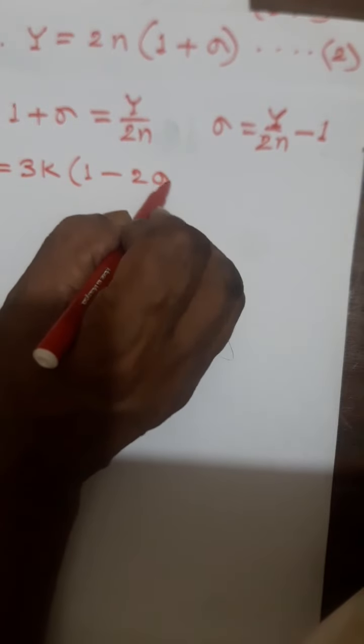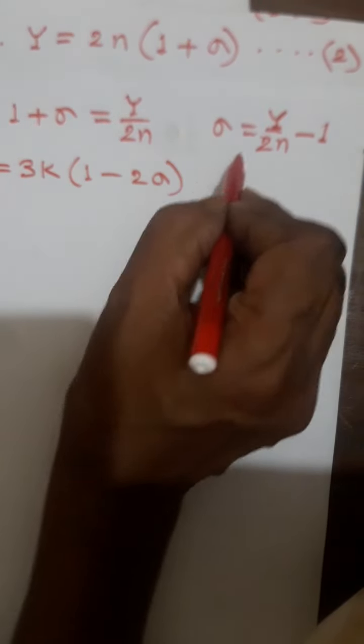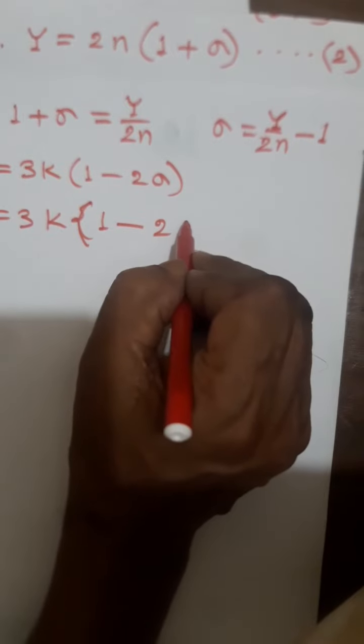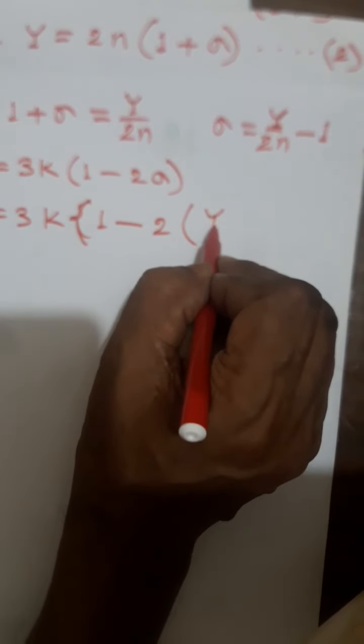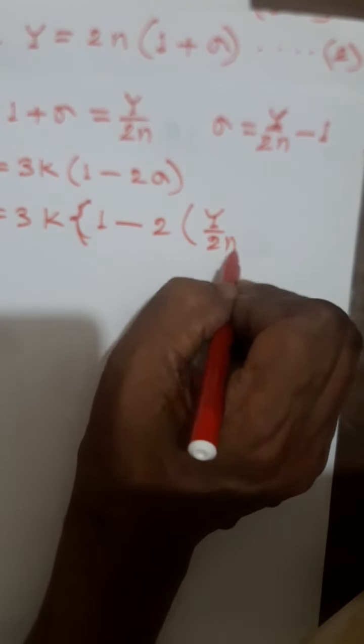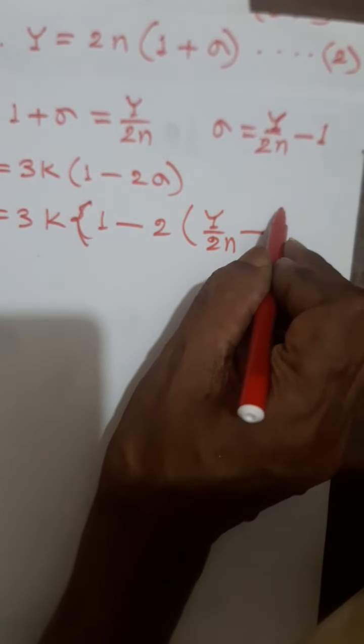From the first equation, we have Y equals 3K into 1 minus 2 sigma. Putting the value of sigma in this equation, we have 3K into 1 minus 2 into Y by 2n minus 1.